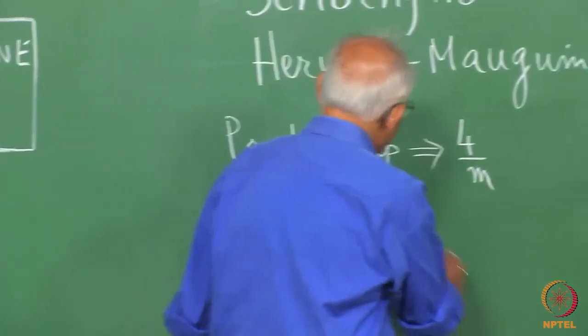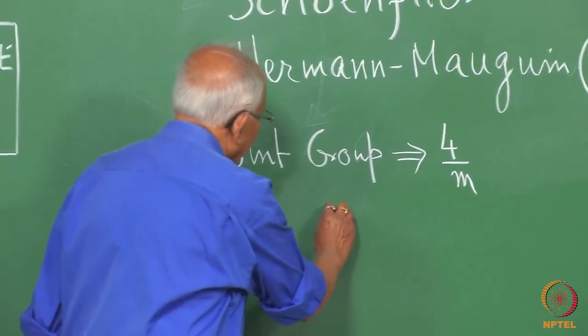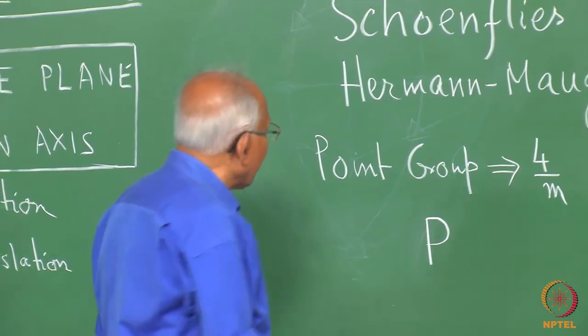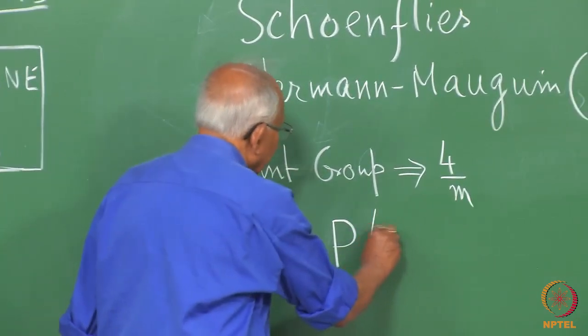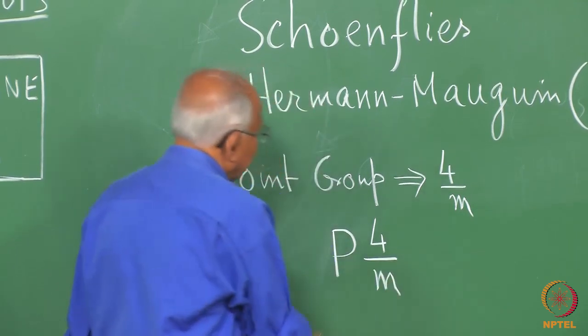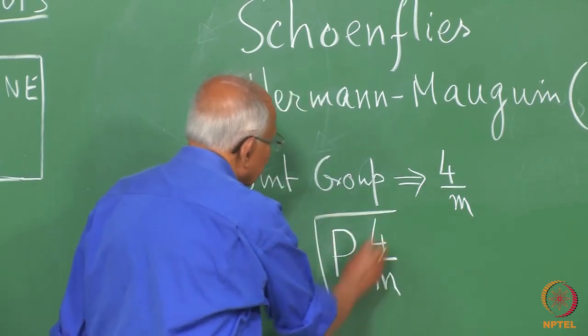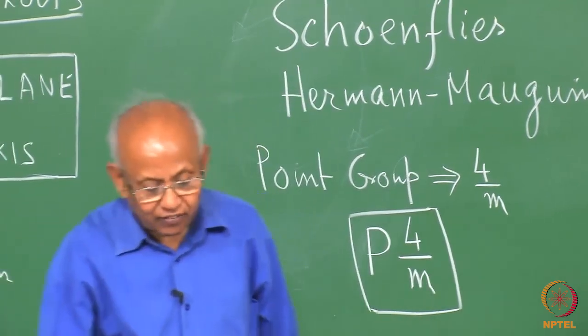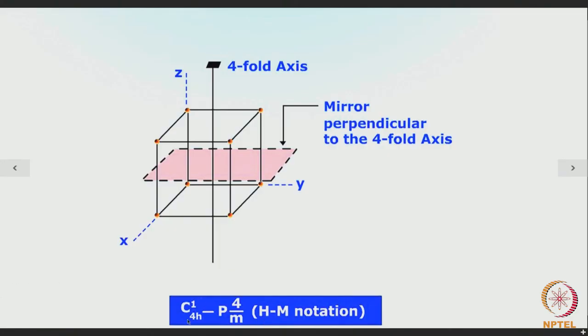So, it is a primitive lattice, so we write capital P, and then we write down what the symmetry elements involved are. There is a four-fold symmetry and a mirror perpendicular to the four-fold symmetry. So, the first part is the Schoenflies notation here and the second part is the Hermann-Mauguin or the international notation.